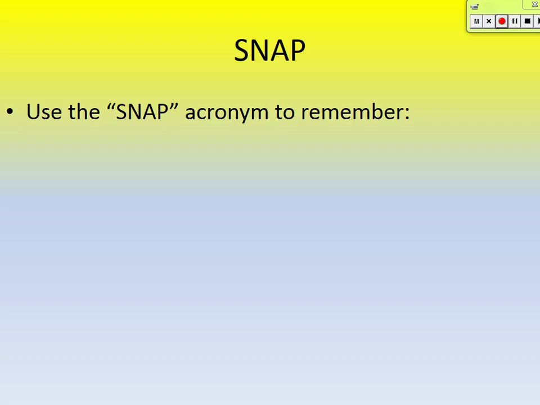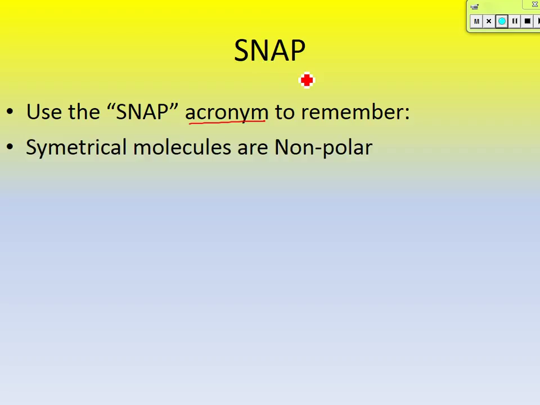It's called SNAP. So we're going to use the SNAP acronym to remember. An acronym, guys, uses a letter to stand for something. So this S stands for something, this N stands for something, and the A and the P also stand for something. Let's learn what it means. Symmetrical. If it's symmetrical in every direction, the molecule will be nonpolar.